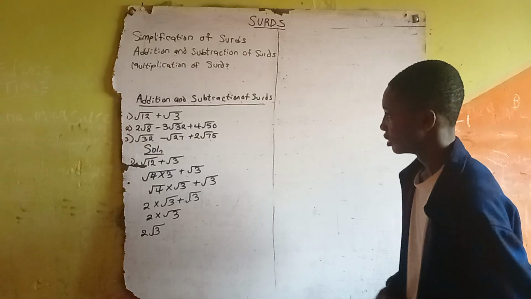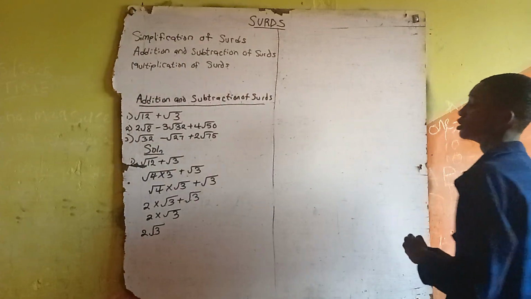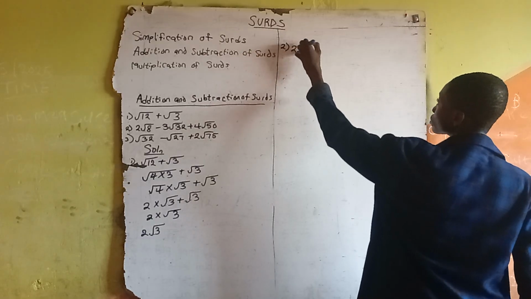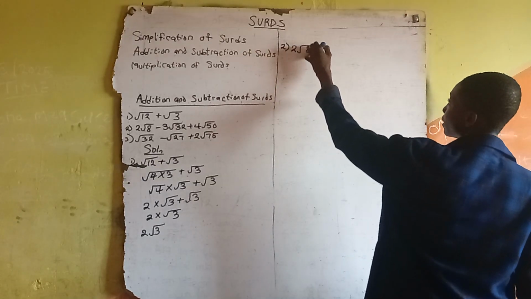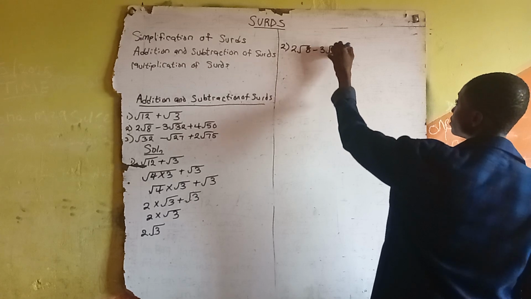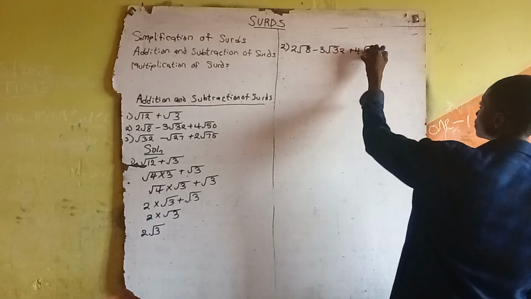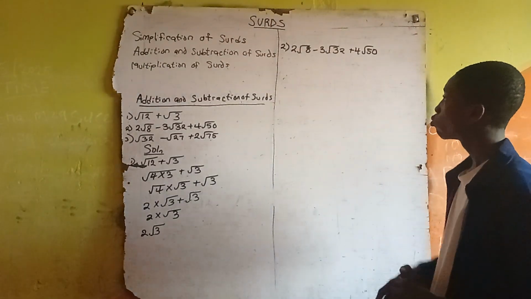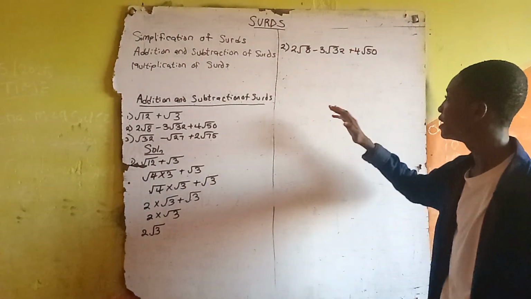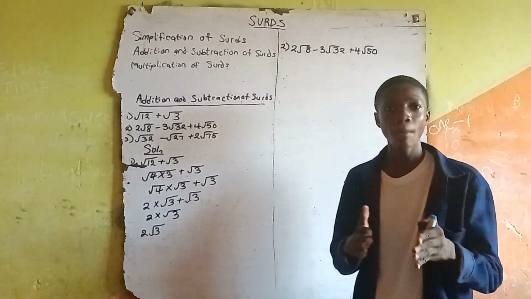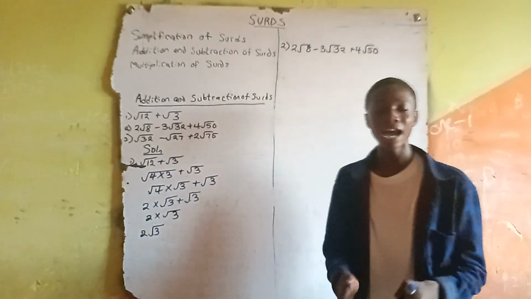This is our answer. Now let's go to the second question that says 2 root 8 minus 3 root 32 plus 4 root 50. For a question like this, you are going to look for your two numbers, one that you can square root and the other that you cannot.